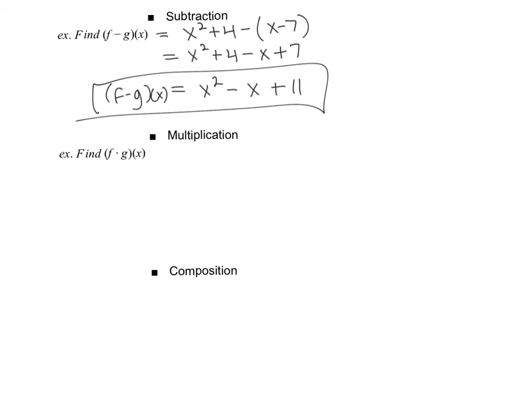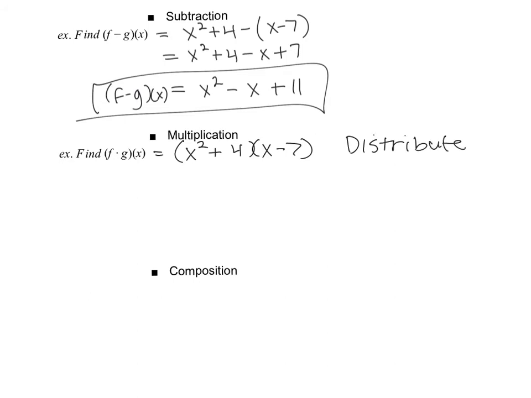Next, we want to do multiplication. So we have f times g of x. So when we multiply two functions, we have to put them in parentheses. So we're doing x squared plus 4 times x minus 7. And then we want to distribute.